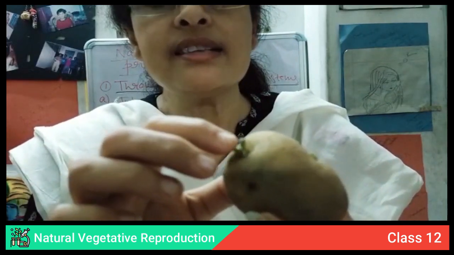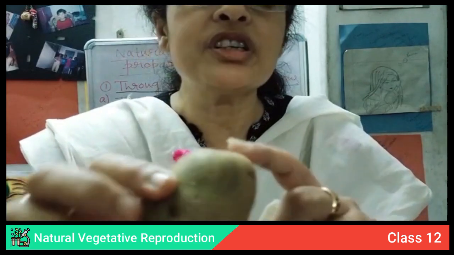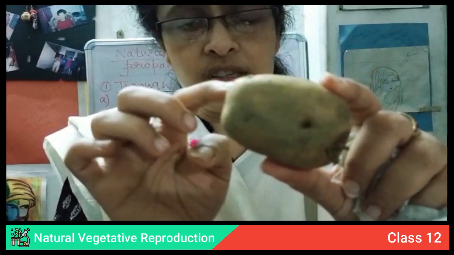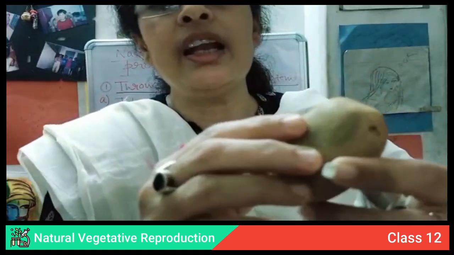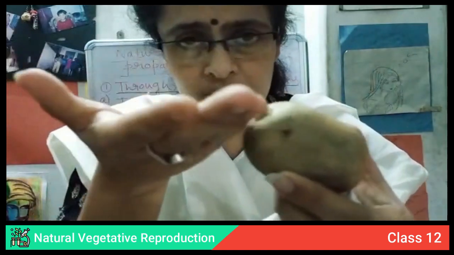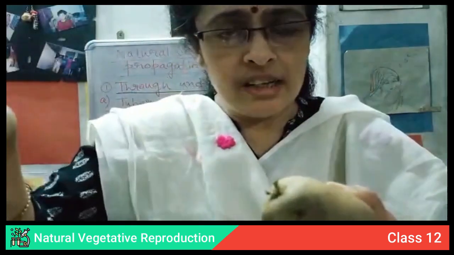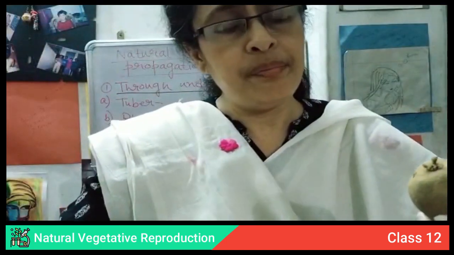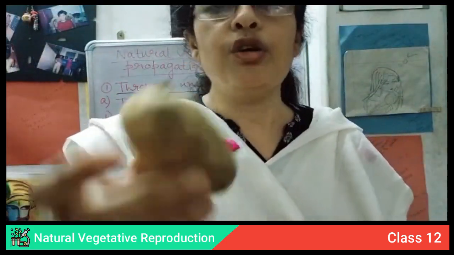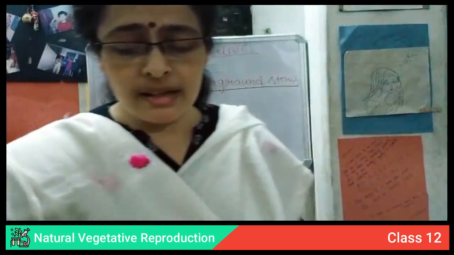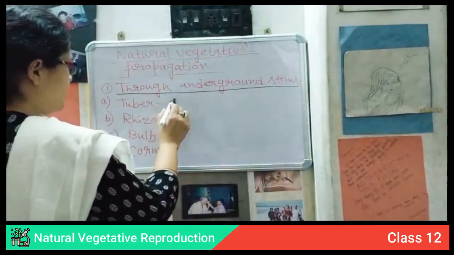They are axillary buds, and these eye portions are nodes of a potato, because potato is an underground stem. If we cut this portion and keep it in the soil, a new potato plant will grow. So from a single potato you can grow so many potatoes. So the example of tuber is potato.